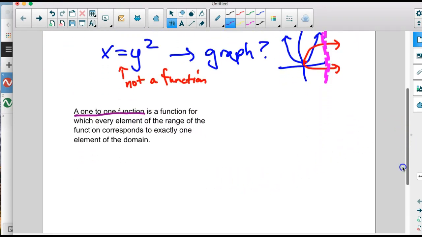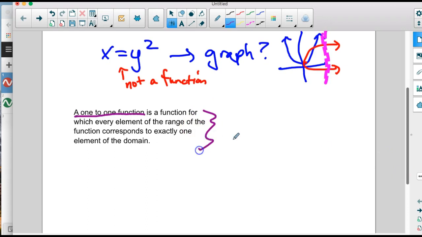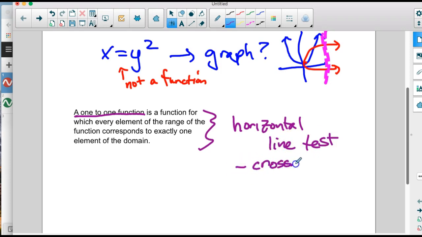Now we test one-to-one functions with what we call the horizontal line test. It's just like the vertical line test, but if it passes the horizontal line test, crosses once, then it is one-to-one, and has an inverse.